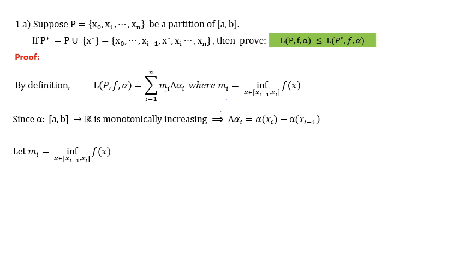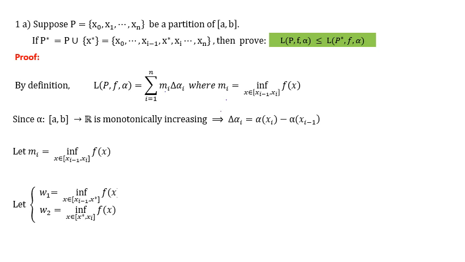So we'll again state that m sub i is the infimum for the original partition, but then we'll let w sub 1 be the infimum on the left part of the partition, in other words between x sub i minus 1 and x star, and w sub 2 be the infimum between x star and x sub i.